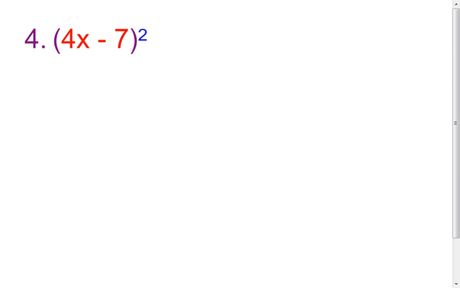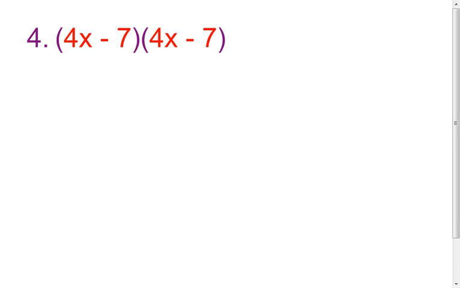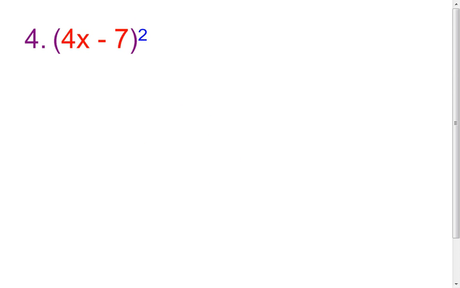So when I want you to square that quantity, it's really 4x minus 7 times 4x minus 7. It is that quantity times itself 2 times.